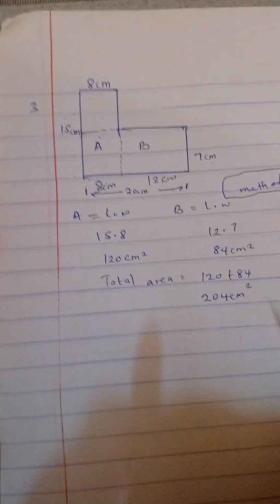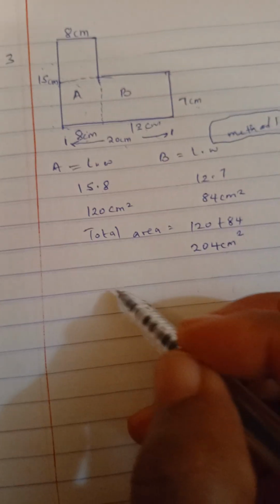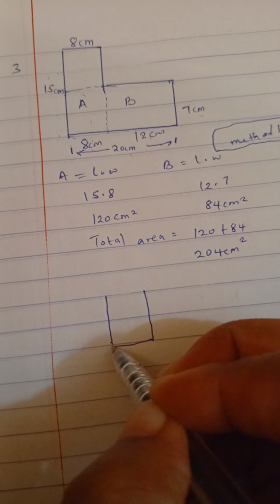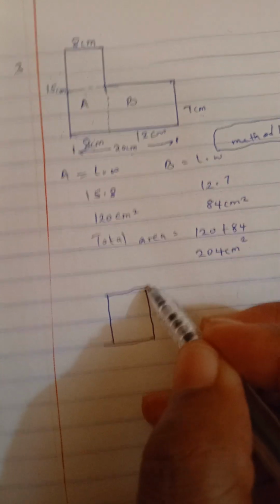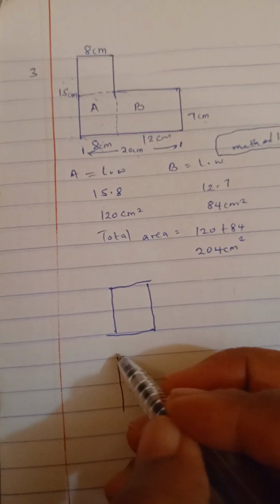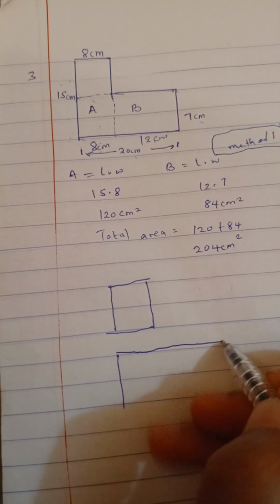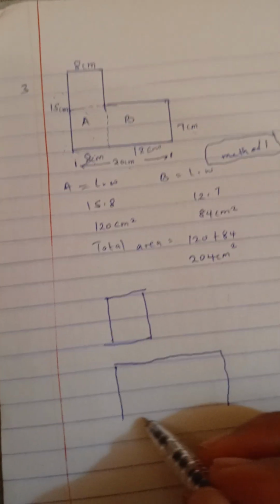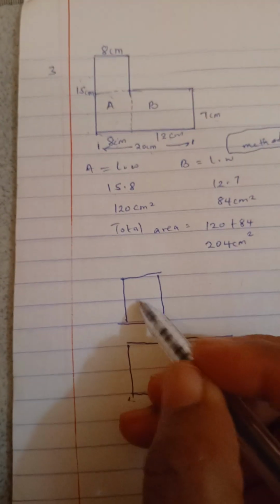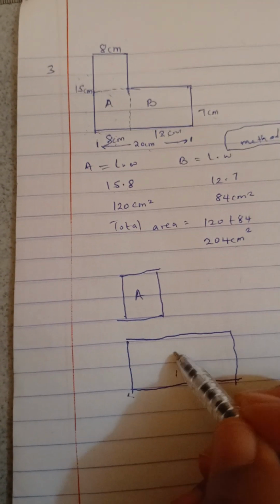So I'm going to have something like this, this one here, and then I'll have another one down here. Because I've already decomposed it like this, this will be my A and this will be my B.